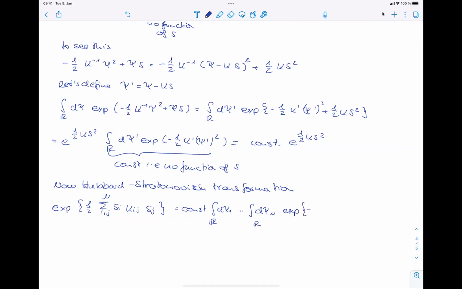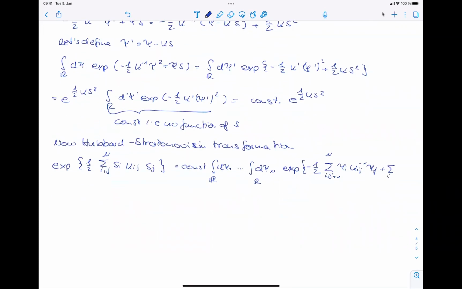And here we have again a half, a summation i, j from 1 to n, of minus psi_i K_ij inverse psi_j plus psi_i s_i.